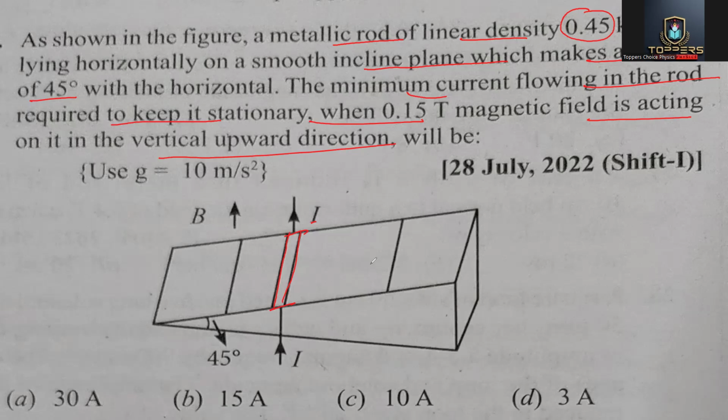So we need to find out the electric current here. How? Look at here. We are going to make its horizontal and vertical components. Suppose that this is the metallic rod. This is a side view of the metallic rod, and this is the angle theta here.